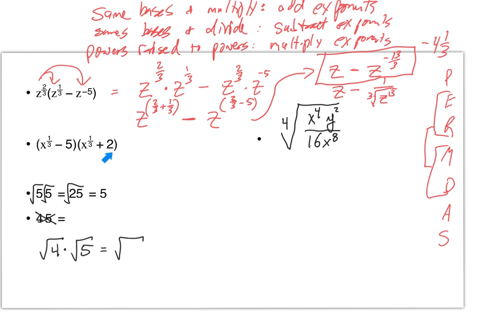All right, here we go. To simplify this, I'm going to use the process of FOIL. Firsts: multiply x to the 1/3 times x to the 1/3.